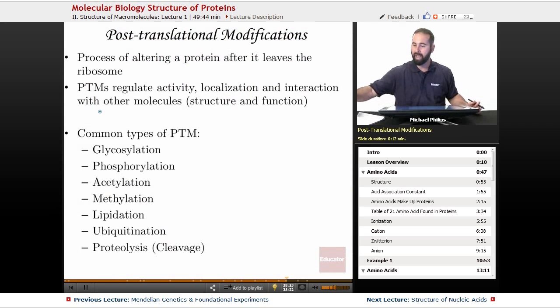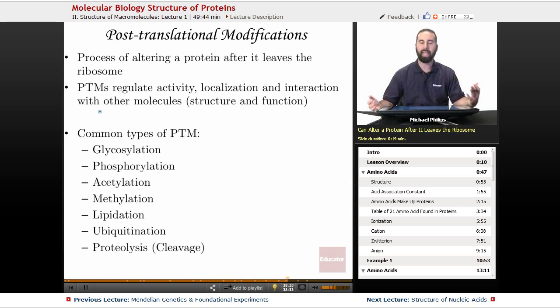So when we've made our proteins, we can talk about what happens next. All right, and we're not going to talk about the reactions right now, but we can alter what happens to a protein after it leaves the ribosome. Okay, so that's when we're altering a protein after it's left being synthesized, right?